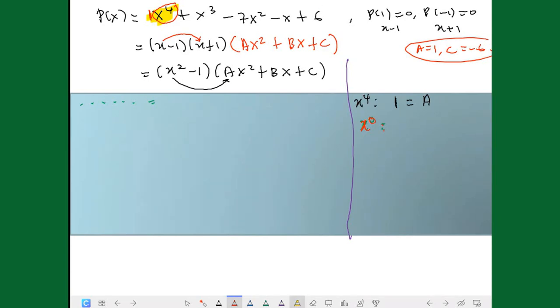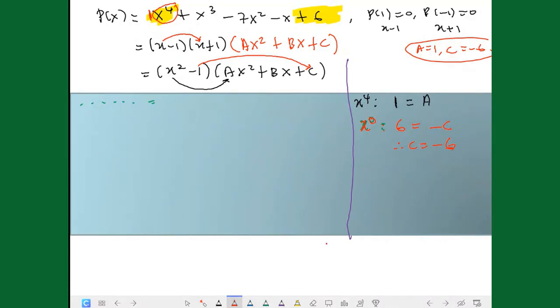Kalau ke atas ni, constant is without x, positive 6. Kalau yang bawah ni, ini times dengan ni sahaja yang without x. So, negative c. Therefore, c equals negative 6. Dah dapat 1 lagi.